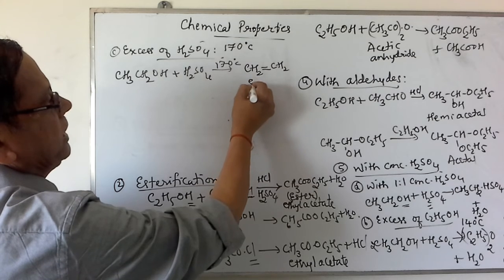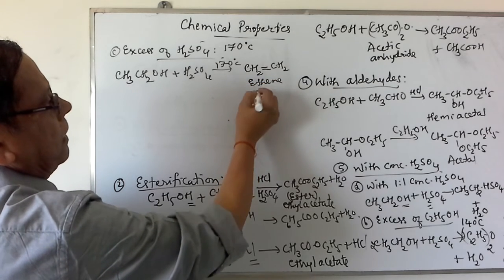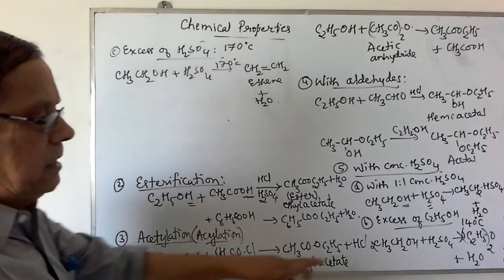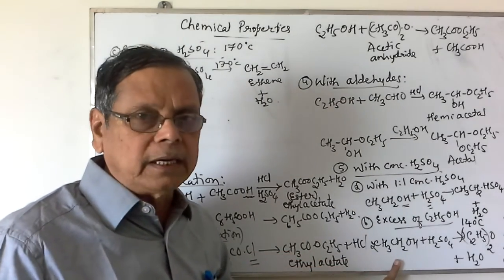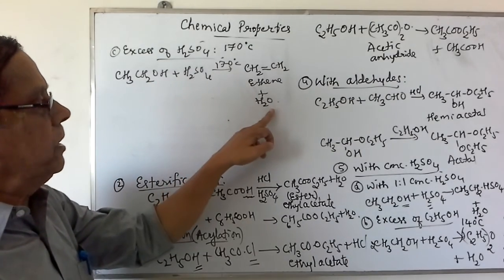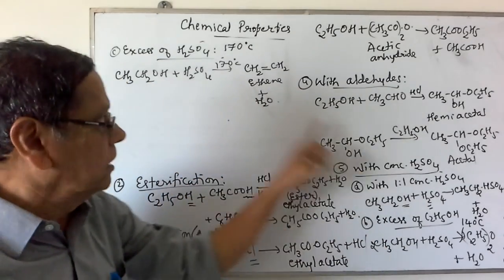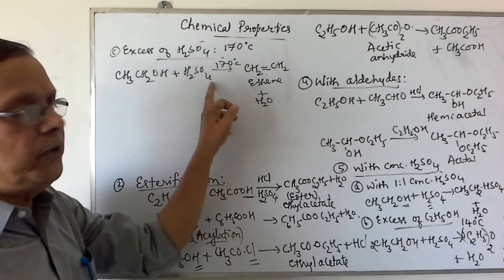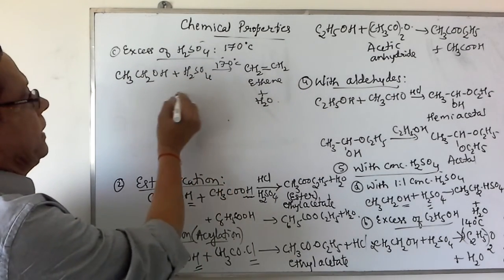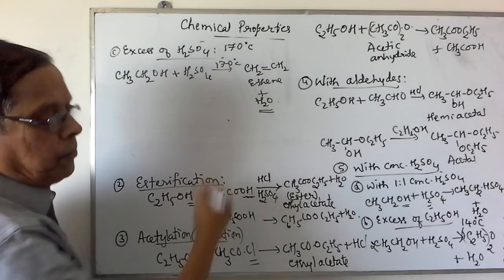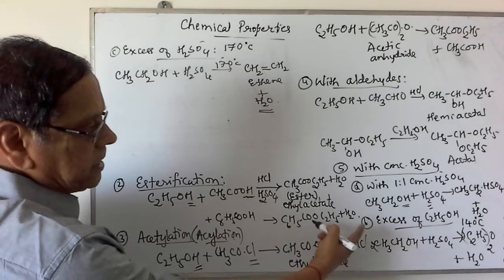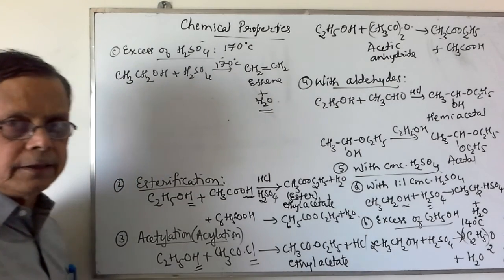It gives rise to ethene along with the elimination of a water molecule. The former reaction we can call intermolecular dehydration, and this one is intramolecular dehydration. Whatever water is produced in these two reactions is absorbed by the sulfuric acid to give dilute sulfuric acid, so only elimination of a molecule of water takes place. So this is with respect to the reaction with concentrated sulfuric acid.